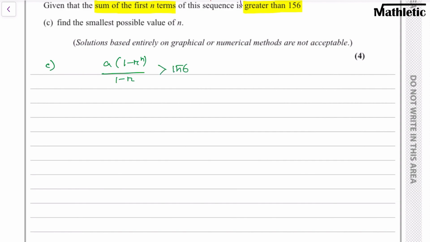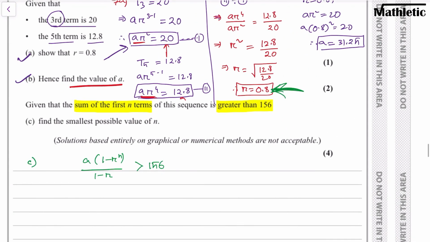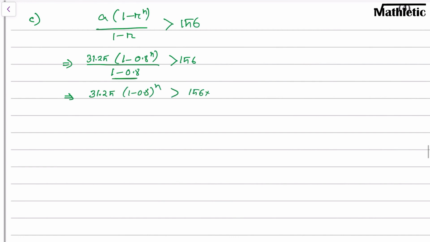Next, I will just substitute the values of A and R. R is 0.8, A is 31.25. So 156 into 1 minus 0.8, which is 0.2, when you shift this to the right side, and then you divide this by 31.25.